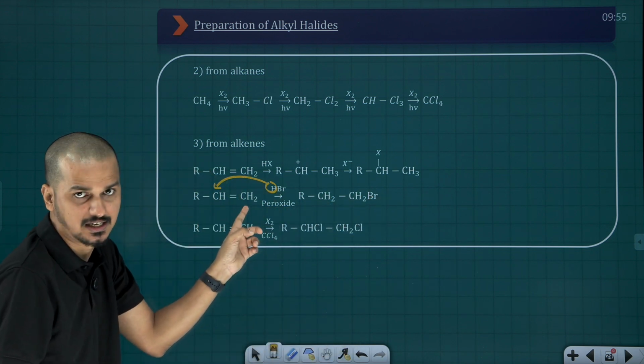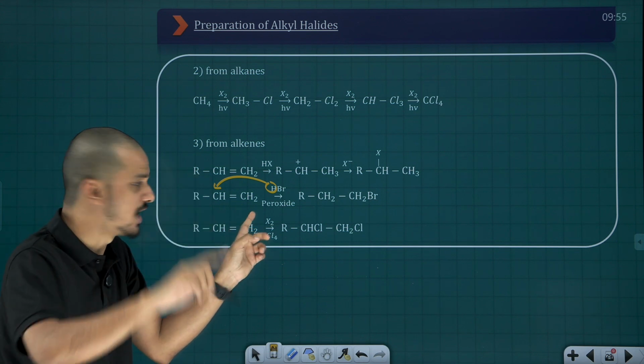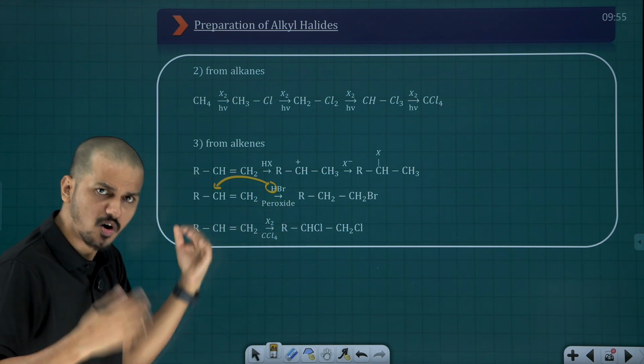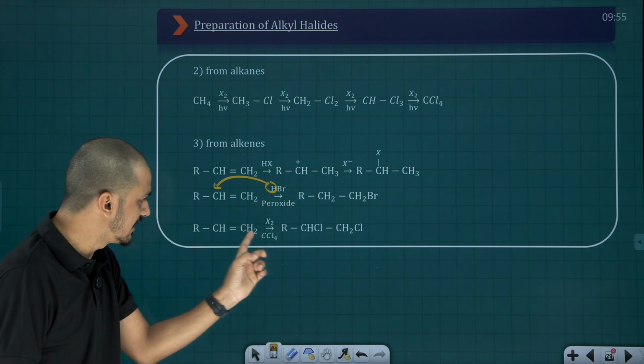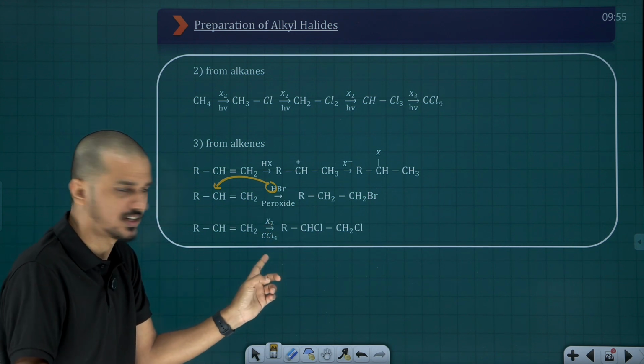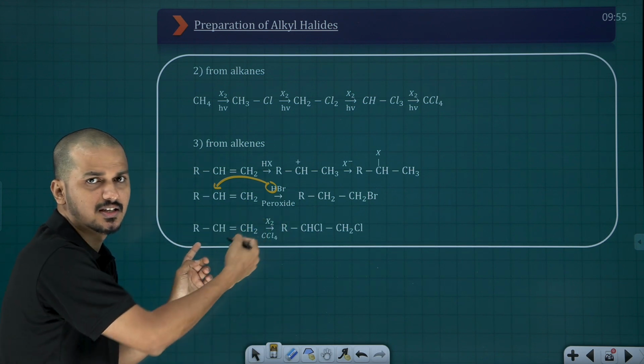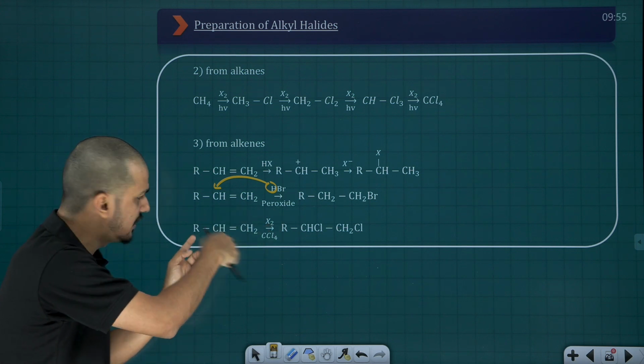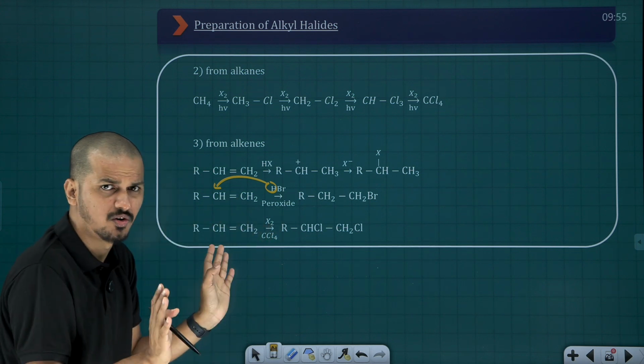Br will go and attach here. Just opposite, anti-Markovnikov addition in the presence of peroxide. Or else, you can add X2 in CCl4 to the alkene. I mean, if you are treating with Cl2 in CCl4, the double bond will break and chlorine will be added there. That idea you know.